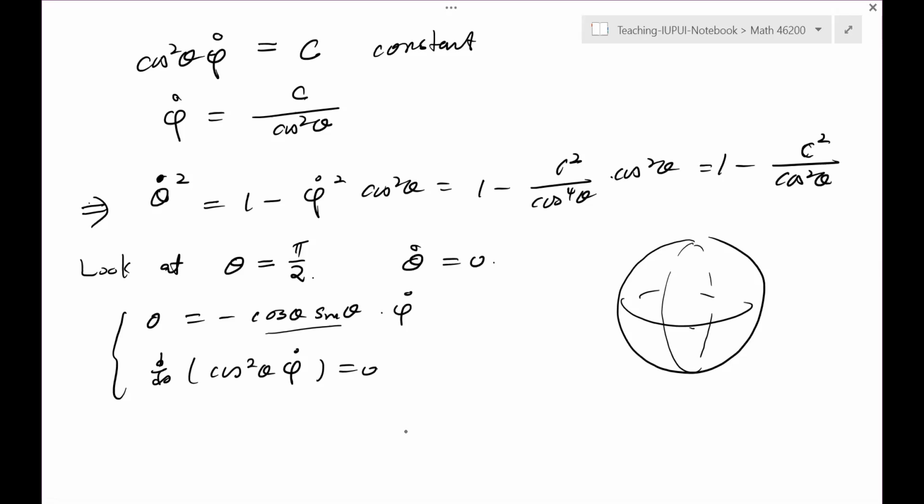Therefore, it's a geodesic. So great circles are geodesic.